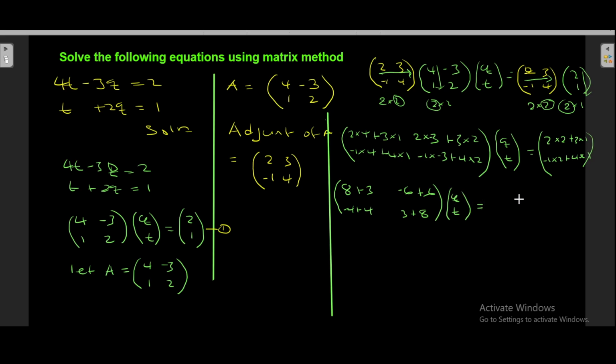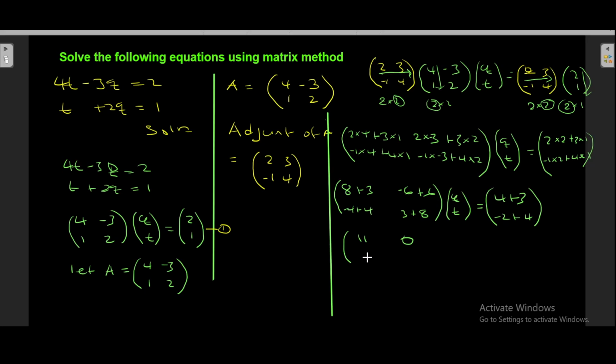Close the bracket, equals to, when you multiply here, 2 times 2 is going to give you a 4, plus 3 times 1 is going to give you a 3. And then negative 1 times 2 gives us a negative 2, plus 4 times 1 gives us a 4. Then close the bracket. If you add here, 8 plus 3 is going to give us 11. Negative 6 plus 6 gives us 0.